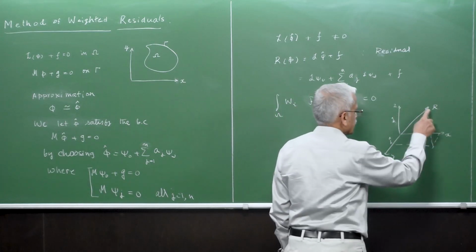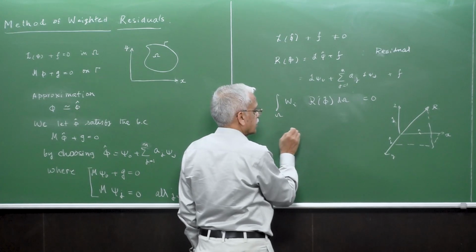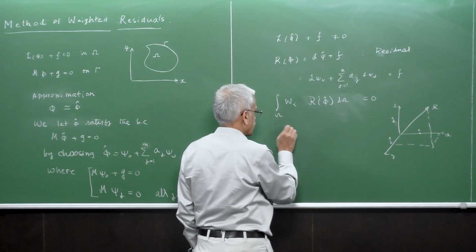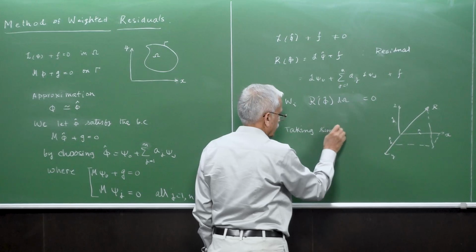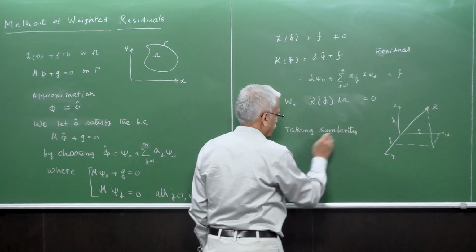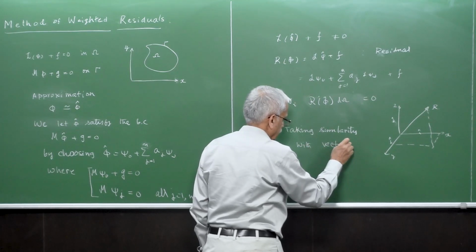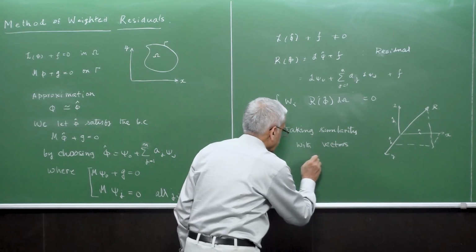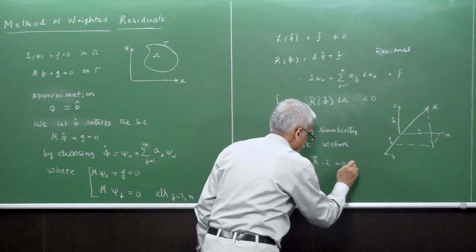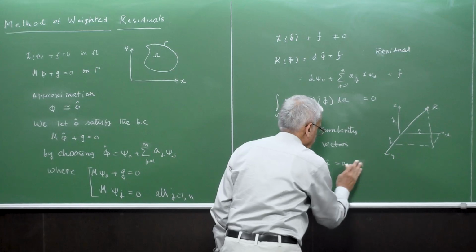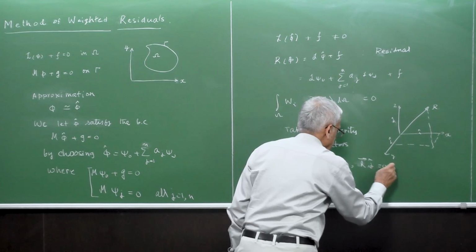Taking the similarity with vectors, R dot i is 0 and R dot j is 0.